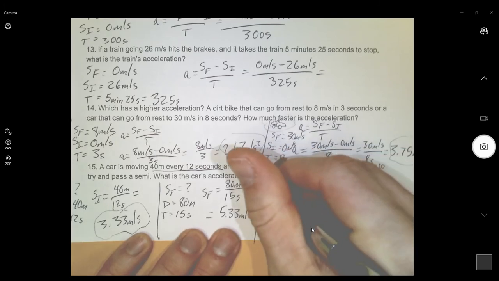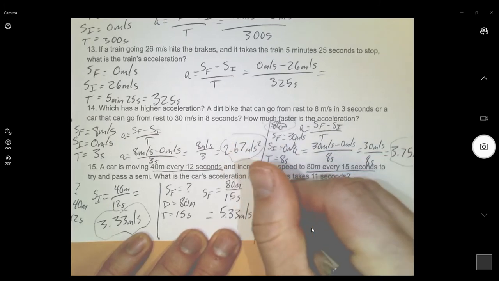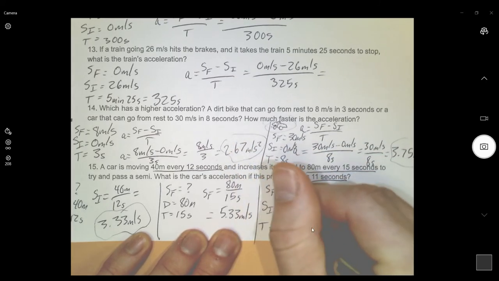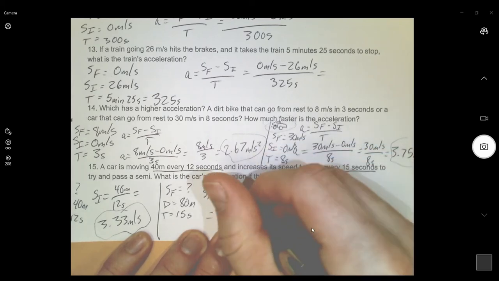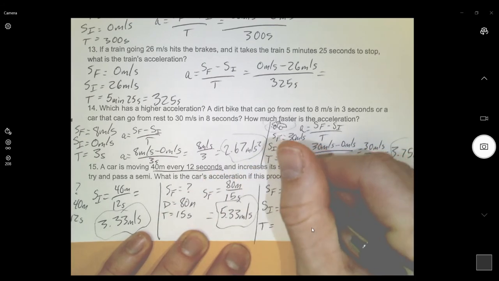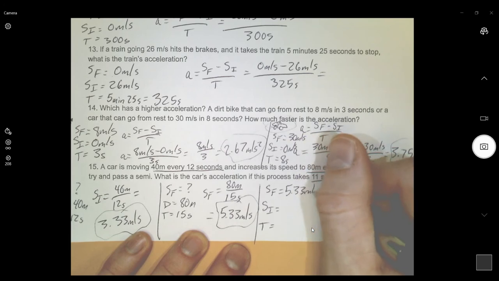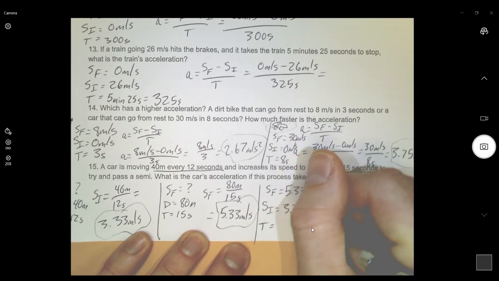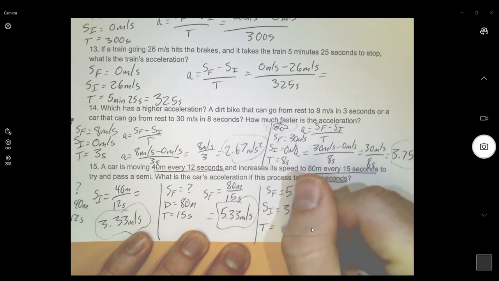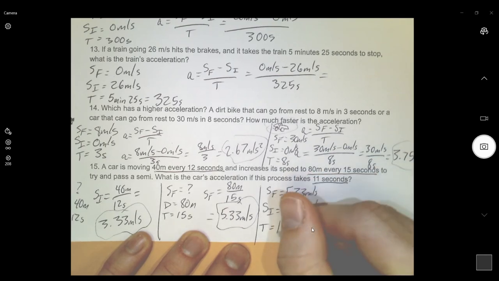All right, so we're ready to use this equation of our final speed, 5.33, our initial speed, and our time, which is 11 seconds.